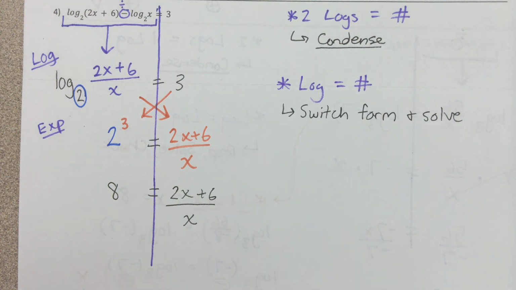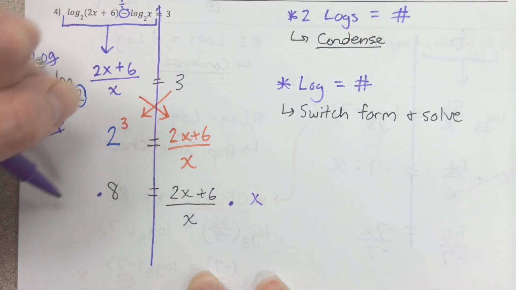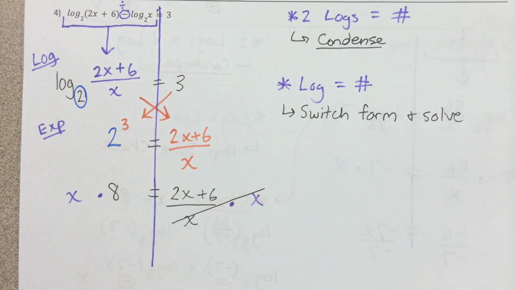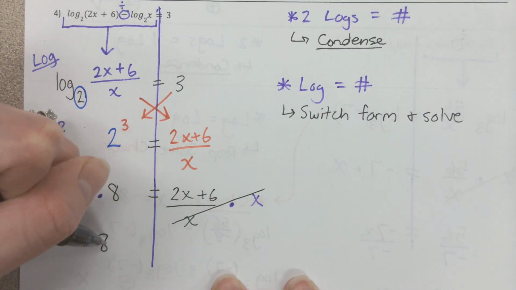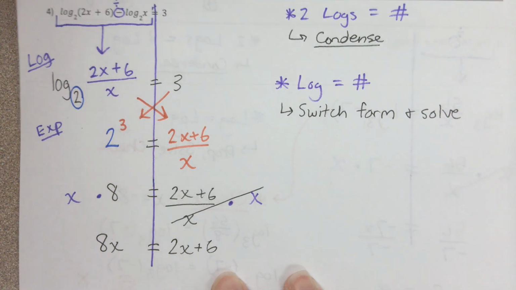Again, that is not helpful to anyone, so let's move it. If it's being divided, we multiply both sides by that x to get rid of it. So this x is gone on the right. We have 8x equals 2x plus 6.